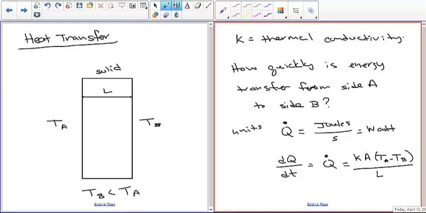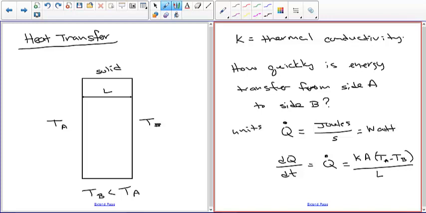Just from a qualitative standpoint, as you increase the temperature difference between the two sides of the object, here's my object. It's got a certain thickness, L, and a certain cross-sectional area, A. If you multiply A times L, you get the volume, but that's irrelevant here because we're dividing by L. Temperature A is here, temperature B is here.